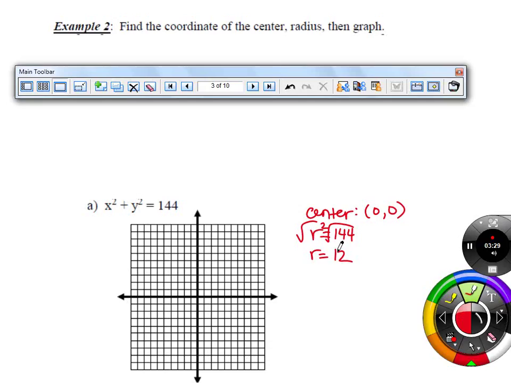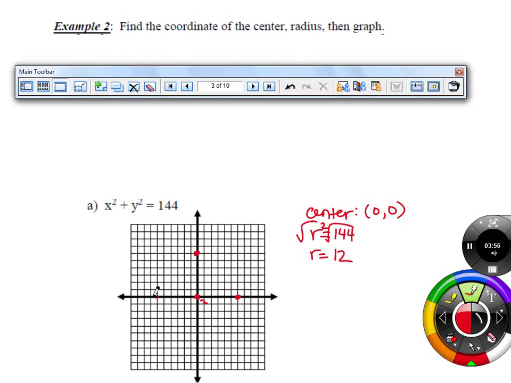So I'm going to go ahead and number this graph by 2's. I'm going to make a point of my center here, and then if I number by 2's, 2, 4, 6, 8, 10, 12. Then this would be a point on my circle because it's 12 units from the center. 2, 4, 6, 8, 10, 12. Above here would also be a point. 2, 4, 6, 8, 10, 12.